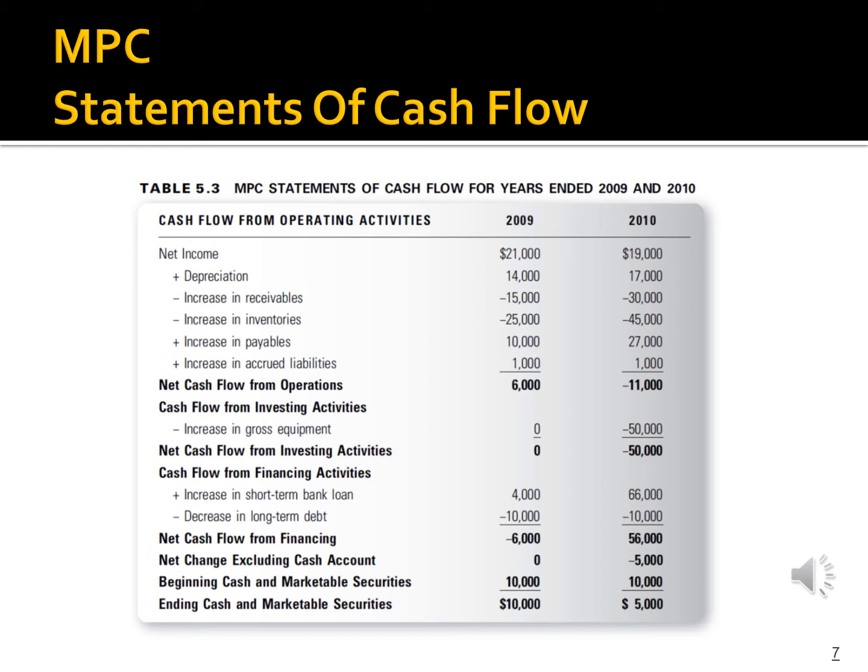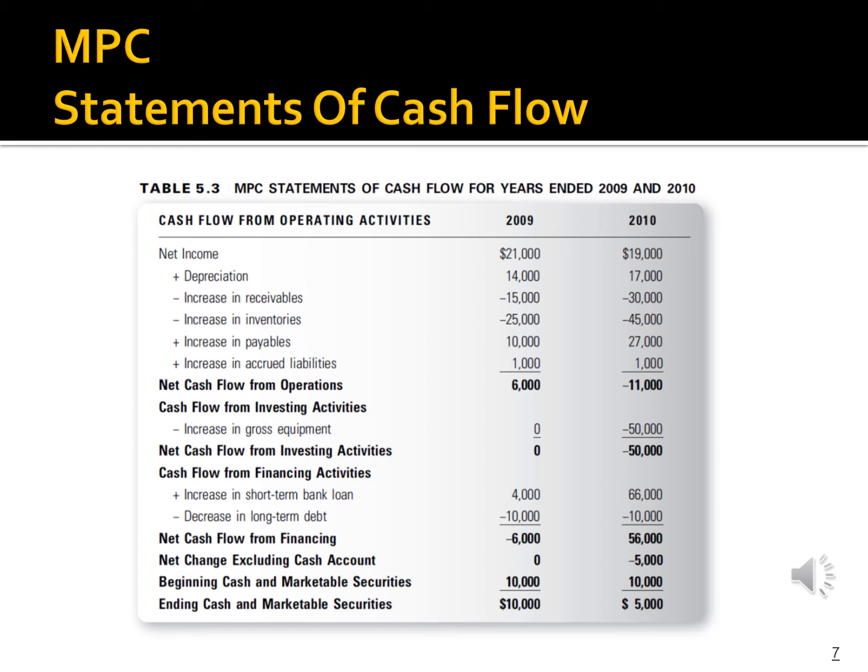And then cash flow from financing activities: increase in short term bank loan. They receive a loan from the bank, and decrease in long term debt. They minus it because they pay the long term debt. This one they receive money. Okay, net cash flow from financing. So net cash flow from financing is negative 6,000, and in 2010 they receive cash from the bank, so they have a positive balance here.